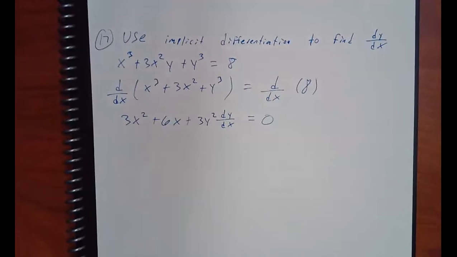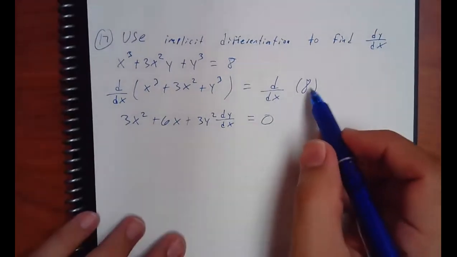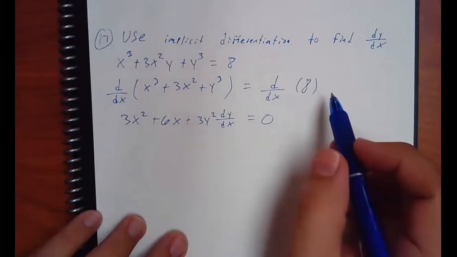Okay. That makes sense? Okay. Derivative with respect to any variable of a constant will always be 0.